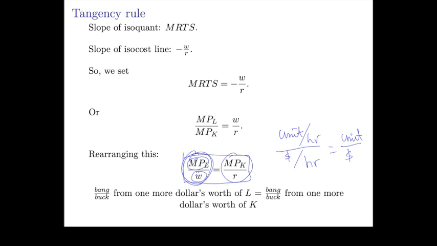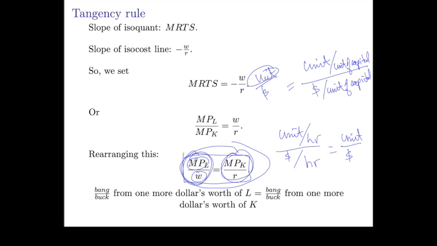Similarly, on the right side, we've got units per unit of capital, and the rental rate is the cost of a unit of capital. Of course, this is just units per dollar. So for every dollar that you spend additionally on capital, how many more units do you get? That's what the right-hand side tells us.